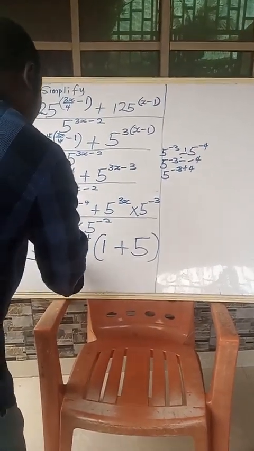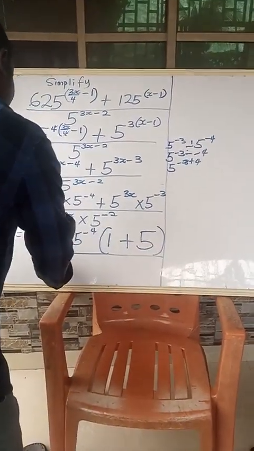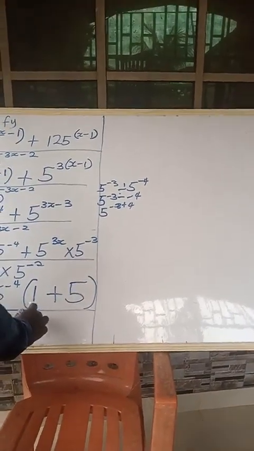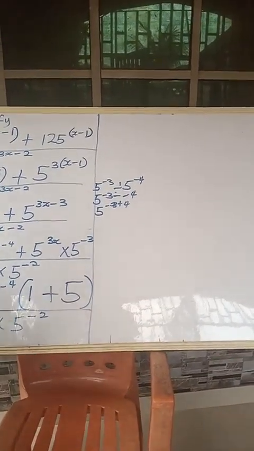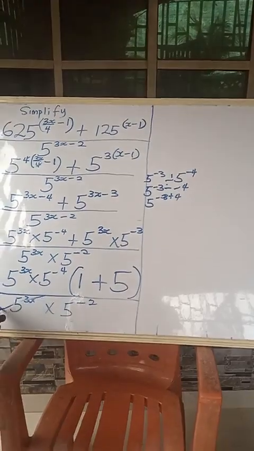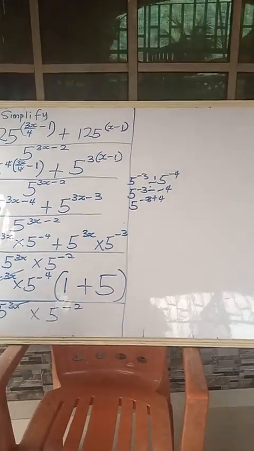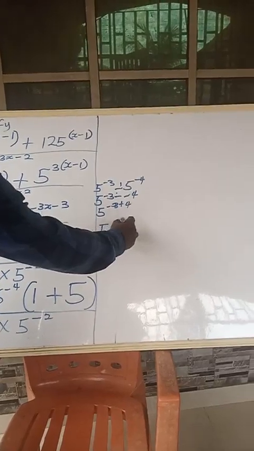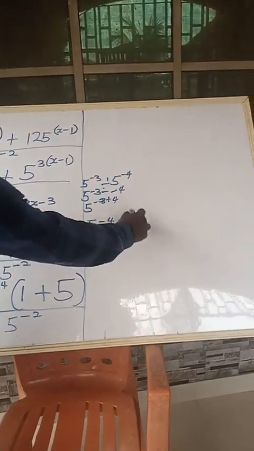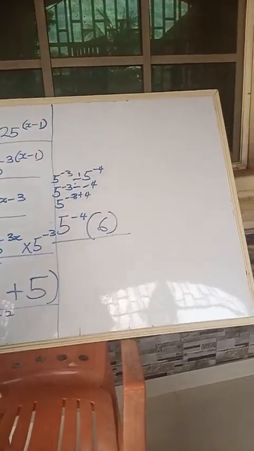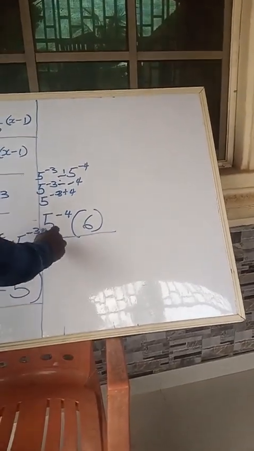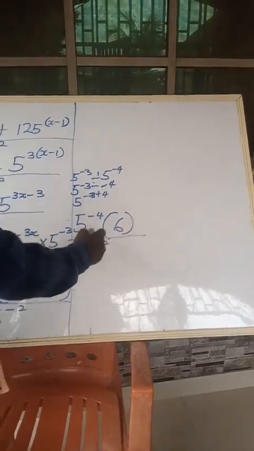Then all over 5 raised to power 3x times 5 raised to power minus 2. Then 5 raised to power 3x can cancel 5 raised to power 3x. Then we are left with 5 raised to power minus 4 bracket 6, all over 1 plus 5 is equal to 6. Then all over 5 raised to power minus 2.